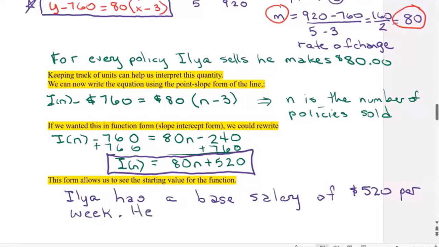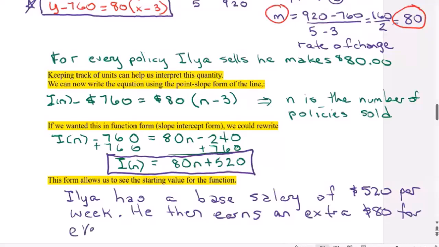He then earns an extra $80 for every policy that he sells. And that really is everything that you could possibly need to know about lines.